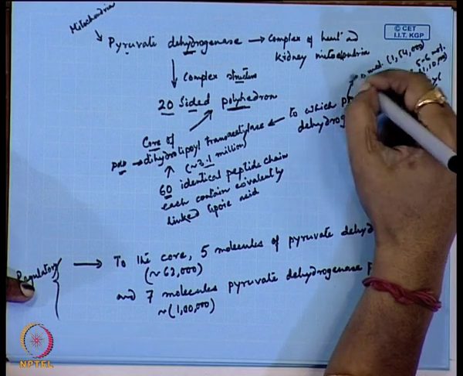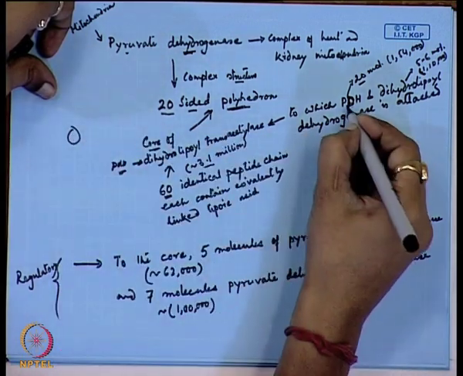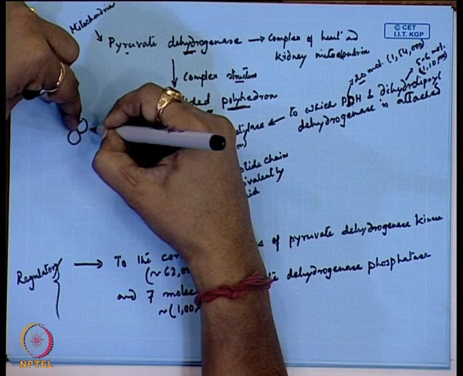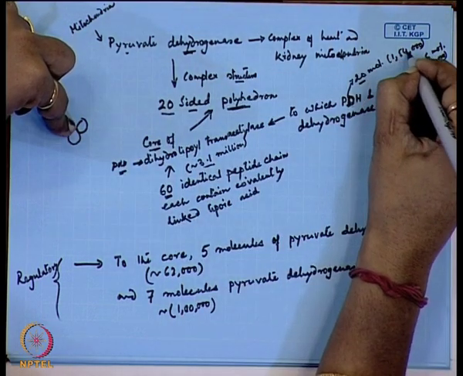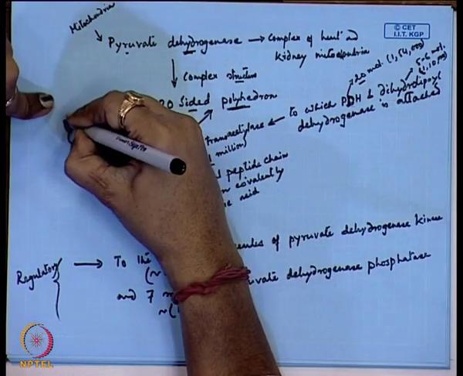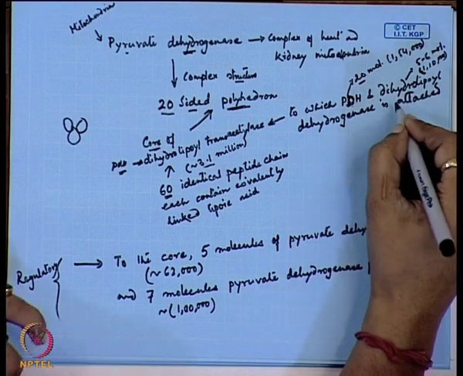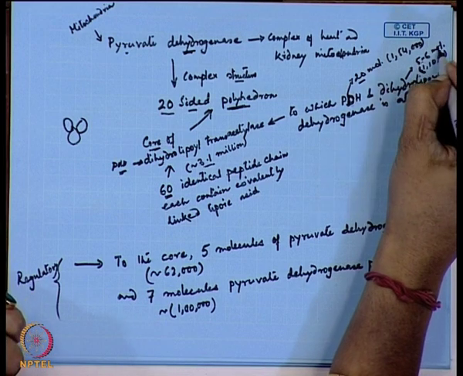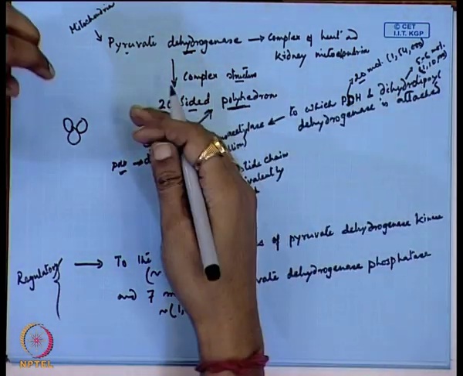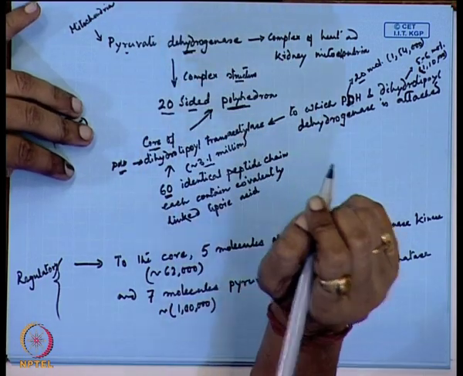This is the core moiety. To this core moiety, 20 such molecules of pyruvate dehydrogenase are attached, each having 154,000 Dalton, and to this another enzyme called dihydrolipoyl dehydrogenase is also attached, which is 5 to 6 molecules of 110,000 Dalton. So, you can understand how complex this pyruvate dehydrogenase molecule is.